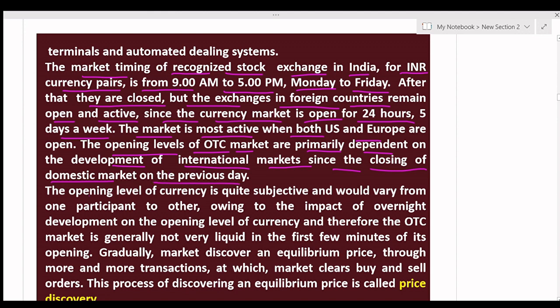The opening level of currency is quite subjective and would vary from one participant to another owing to the impact of overnight developments, and therefore the OTC market is generally not very liquid in the first few minutes of its opening.